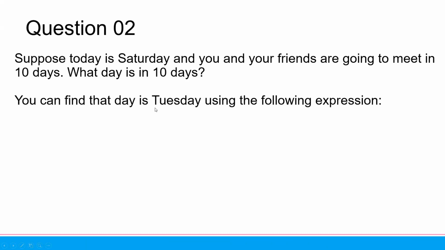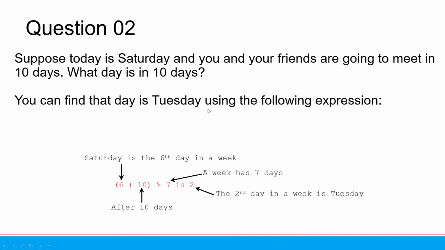So you can find that day using the following expression. We can determine 0 as Sunday, 1 as Monday, 2 as Tuesday, 3 Wednesday, 4 Thursday, 5 Friday, and then 6 is Saturday. And then we can calculate using the modulus we learned about.